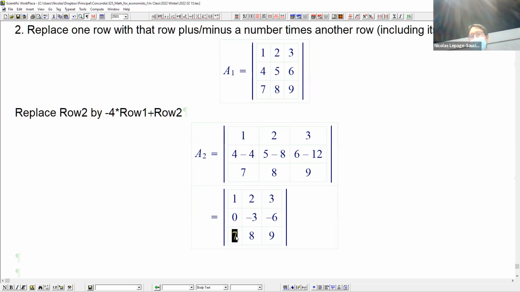What I'm allowed to do is to add any rows and any multiple of any other rows to this row, for instance. Here, what we just did is we took this row, we multiplied it by -4, and we added that to the second row. So we got this result with 4 minus 4. That's what we were looking for. Here we're looking for a 0 in this cell there.